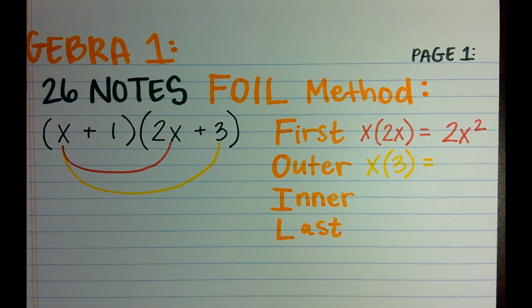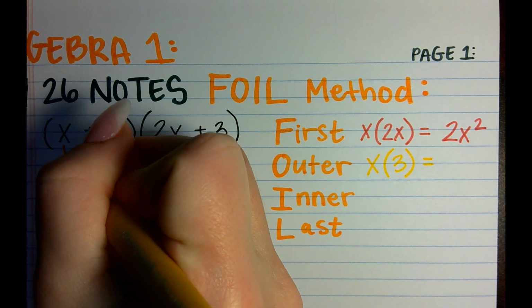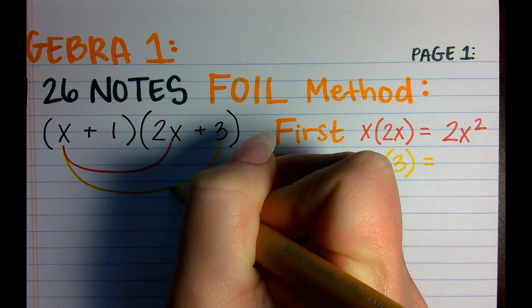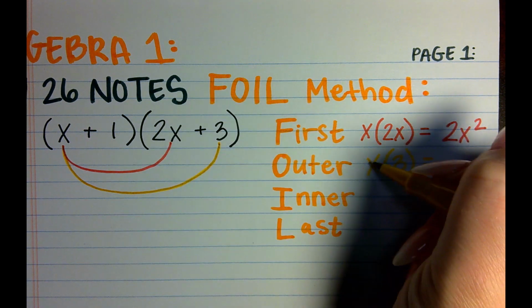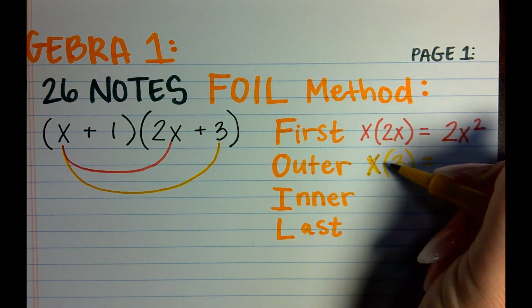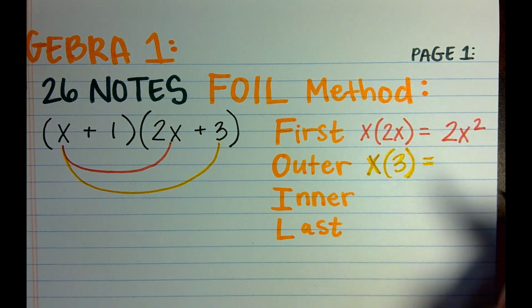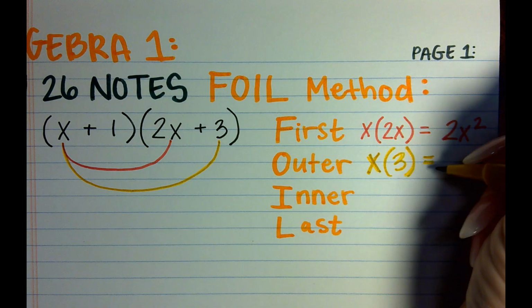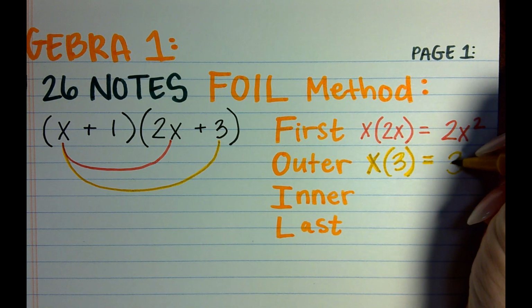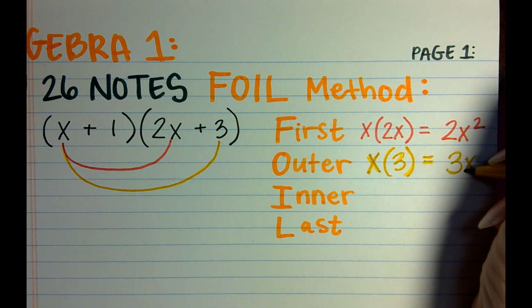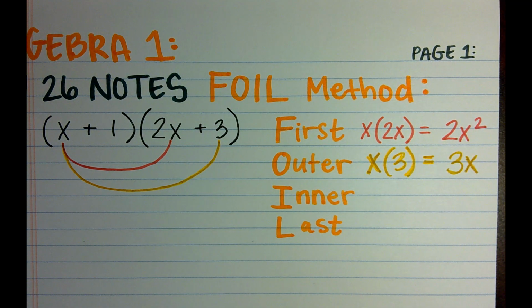I have a different color. Three. What's x times 3? 3x. So I'll list that out. 3x.